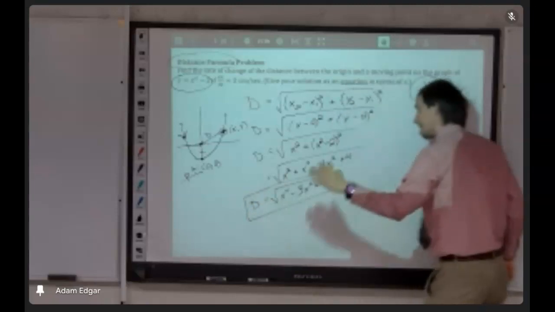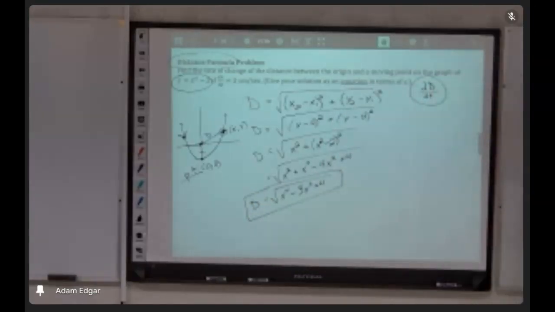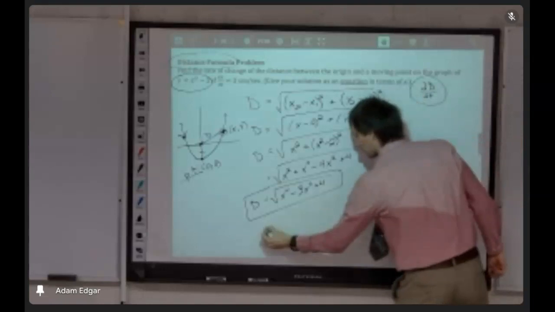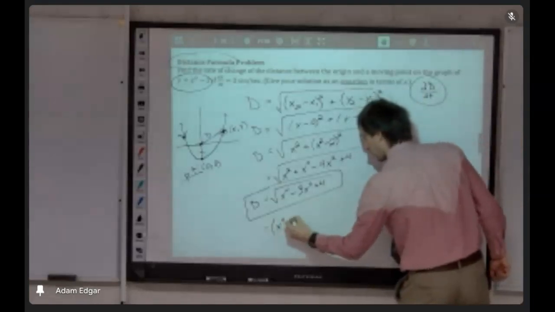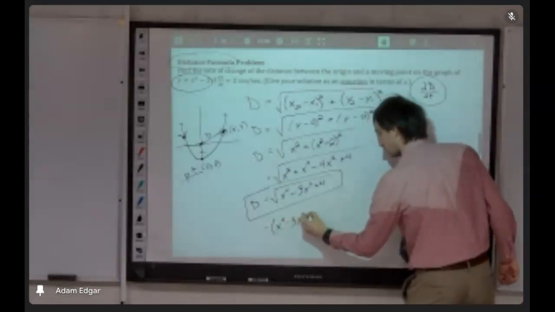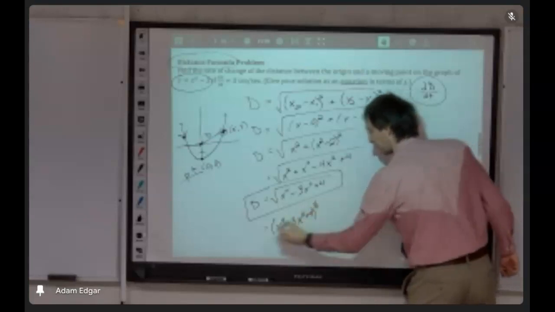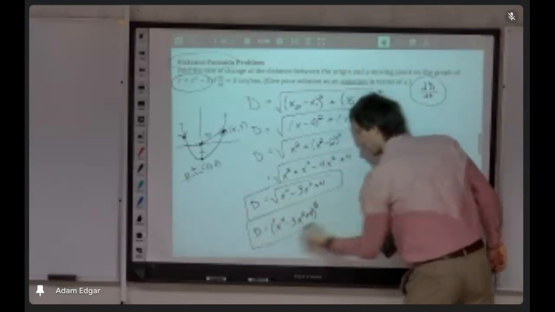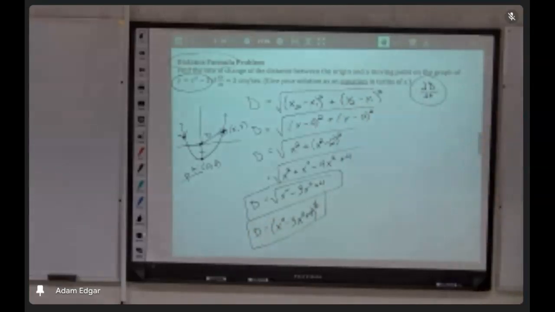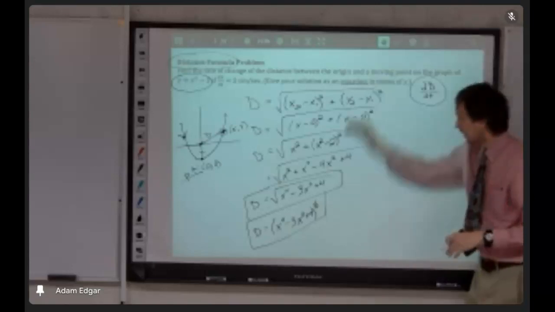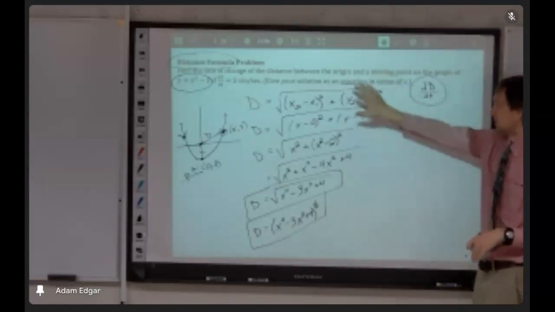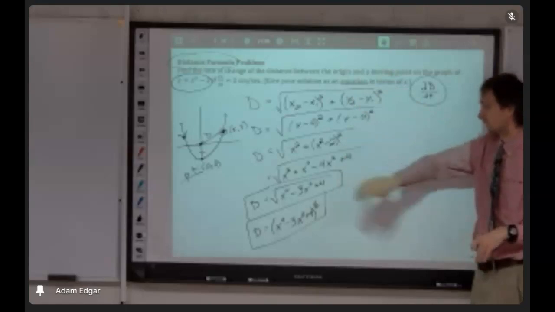And now we can go ahead and differentiate that. Maybe if you want to write this with an exponent instead of a radical, so all that stuff to the 1/2 power, maybe that'll be better for you when you go to do your chain rule. And now you're going to take the derivative with respect to time. Time out before we do. Any questions with setup, substitution, cleanup, anything with that so far?